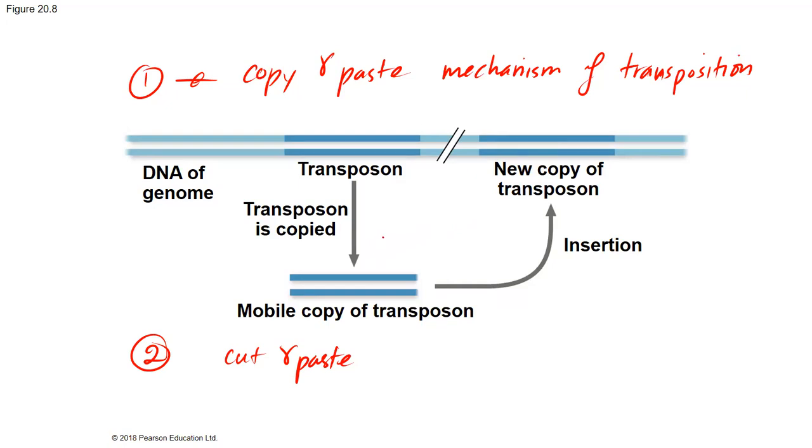The transposons that move by the cut and paste mechanism, and the copy and paste mechanism, require the enzyme transposase. A transposase is an enzyme that is required to insert a copy of a transposon into a new location within the genome.